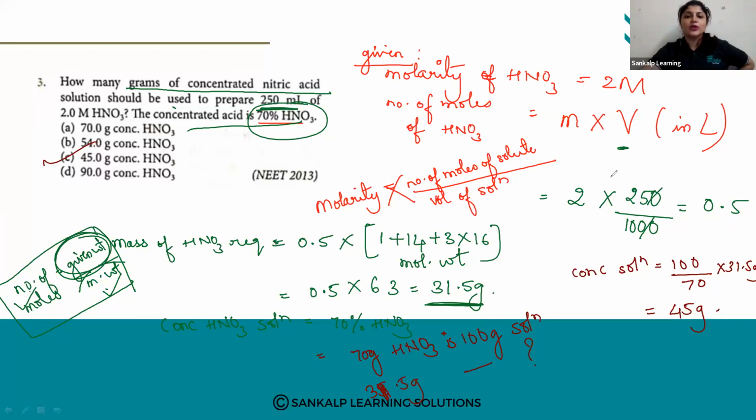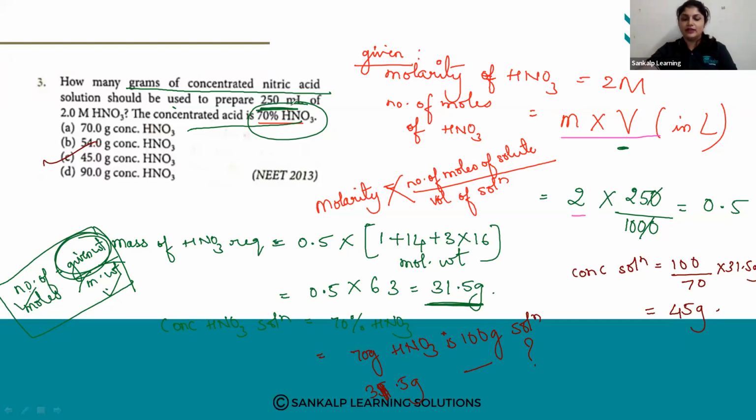Now to calculate, you know what molarity is. Molarity is the number of moles of solute divided by volume of solution. Here the volume of solution is also given, in ml. You know the molarity and the volume, so to find the number of moles of solute, you multiply molarity into volume of solution. Molarity is 2.